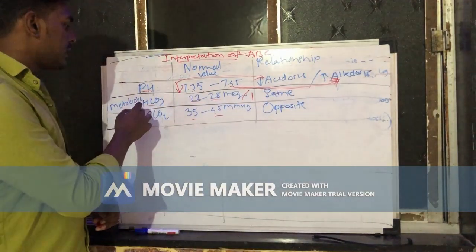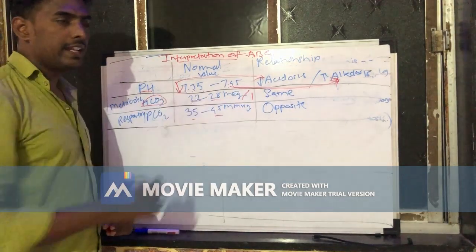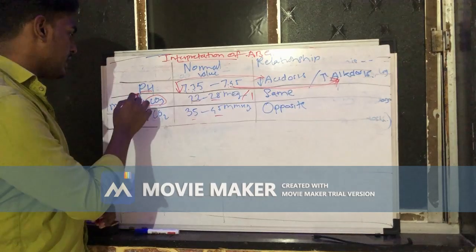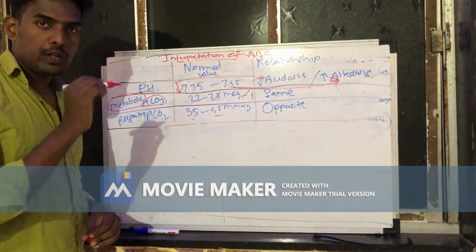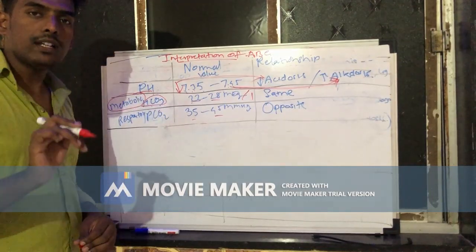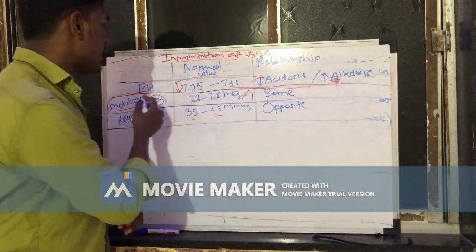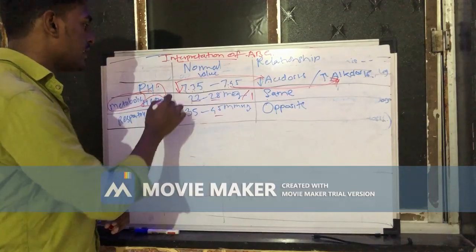Then SCO3. Last time I told you the normal values, that is 22 to 28 milliequivalent per liter. This SCO3 is also called the metabolic component. That has to be noted down: SCO3 is always considered the metabolic component. And what is the relation between pH and SCO3?